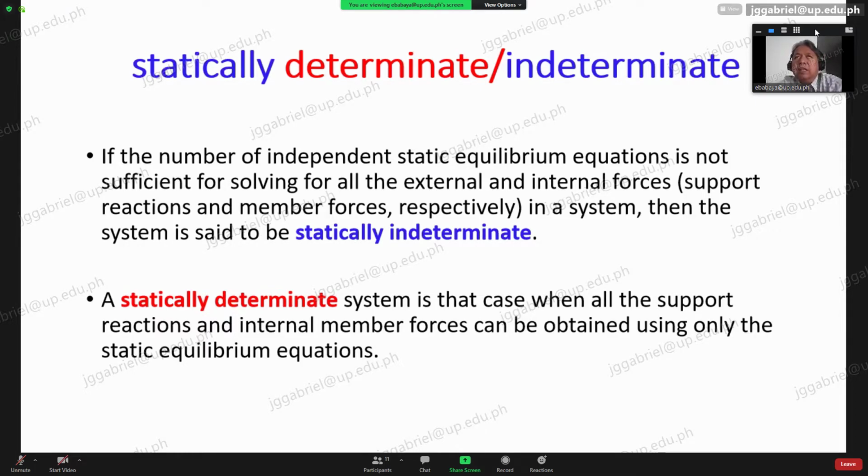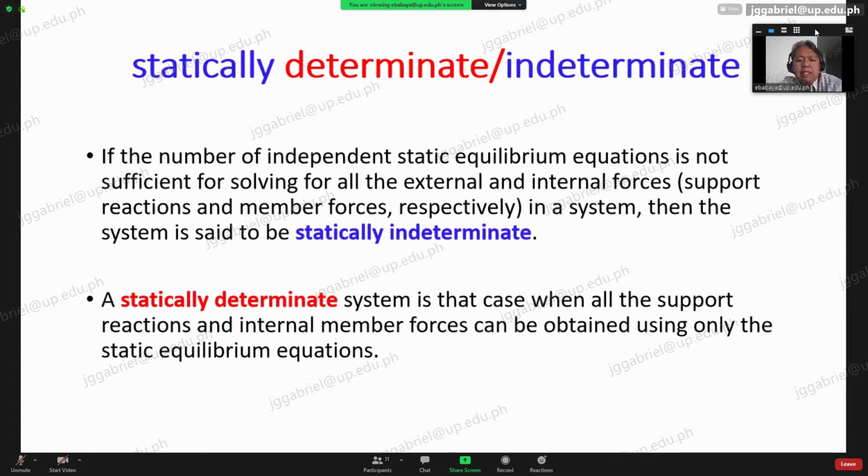We generate the shear and moment diagrams. Okay, but there are cases that the system is not that simple. No? It gets complicated. Like there are what we call redundant forces.